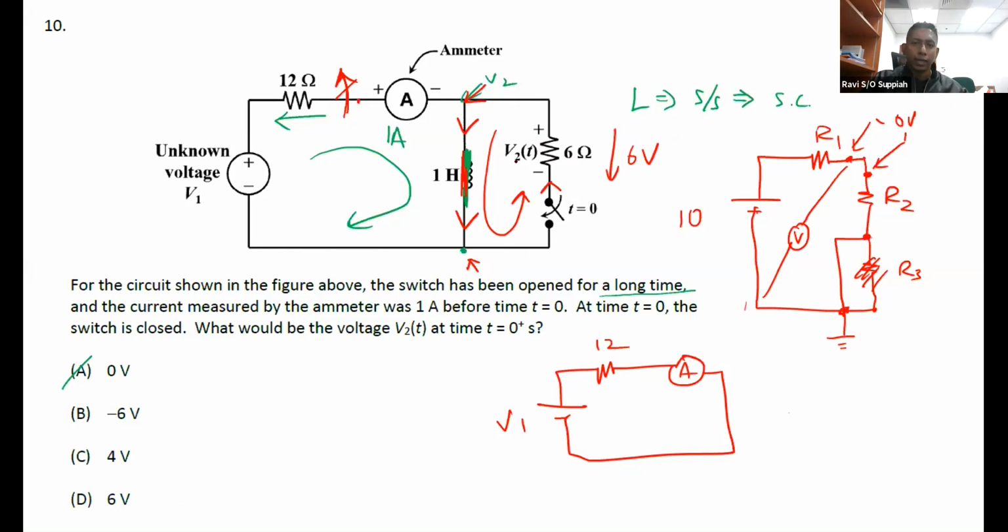In this example, plus is already drawn on top, negative is already drawn below. So if the question asks what is V2 at this point of time, you have to say it is negative 6 volt, because actually the 6 volts is in the opposite direction. That is why you do it this way.